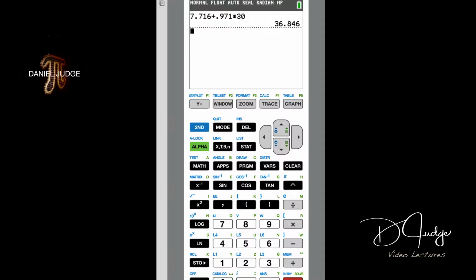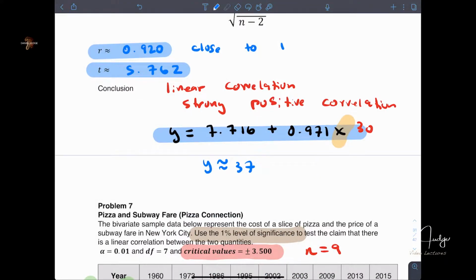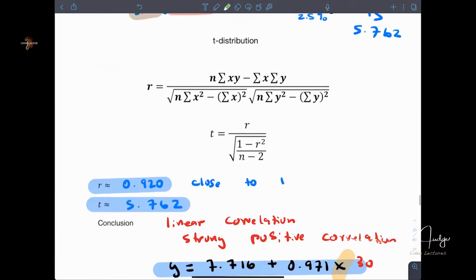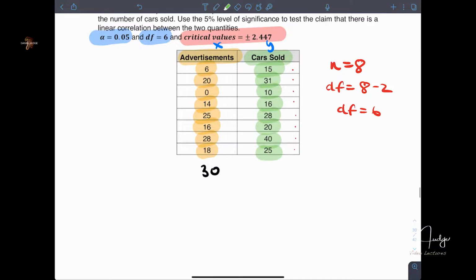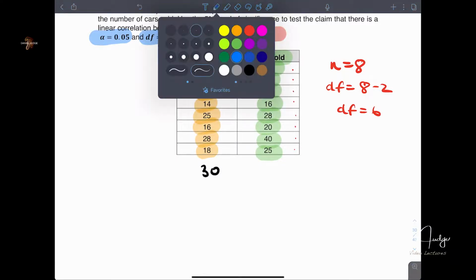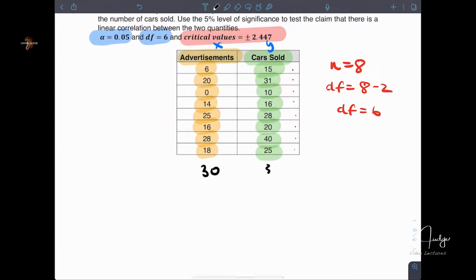Is that right? So this is going to be 37 cars, I believe. Yeah, advertisements to cars sold. We can expect to have that 37. So we need 30 advertisements to sell 37 cars.